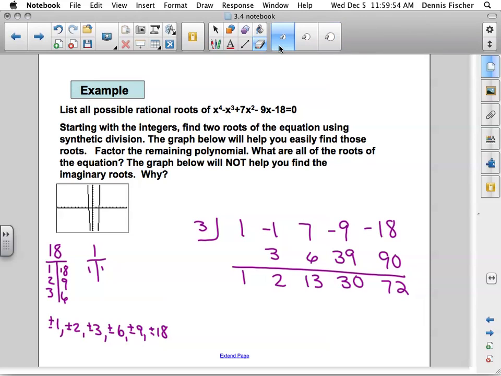I'm going to make my eraser smaller. So that's going to get rid of positive 18, positive 9, positive 6, positive 3. We just got rid of 4 numbers in that one choice. Let's try negative 3. Actually, I have to erase first.